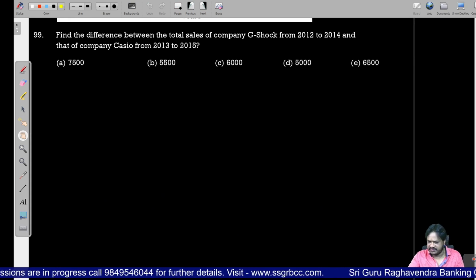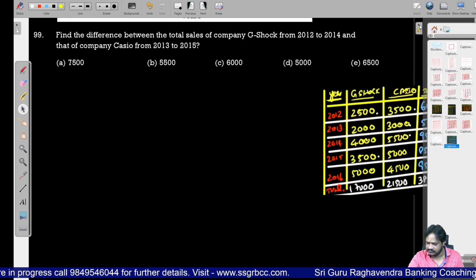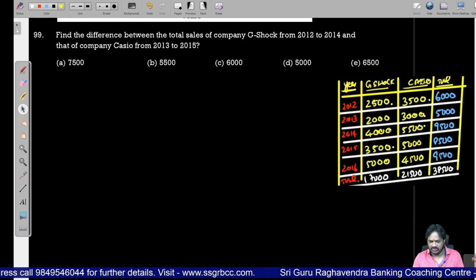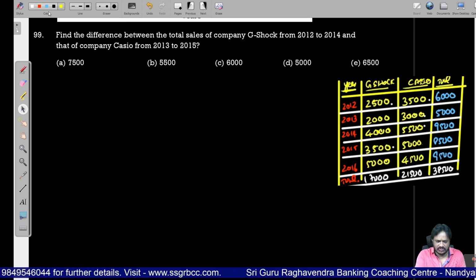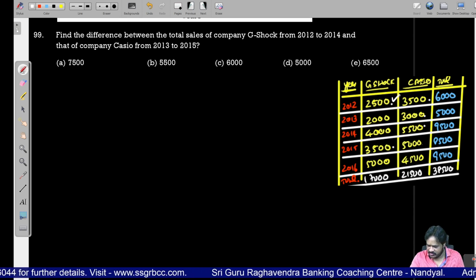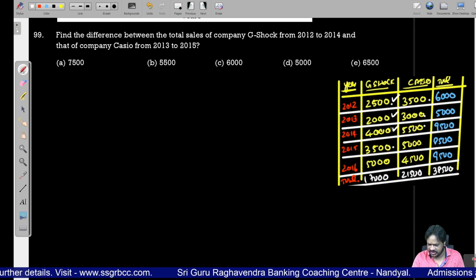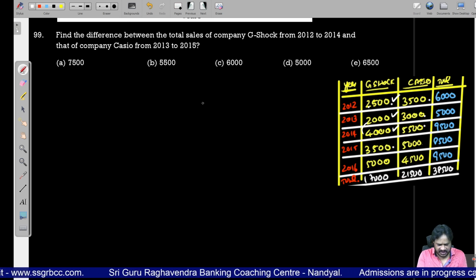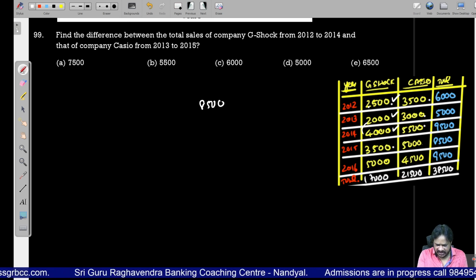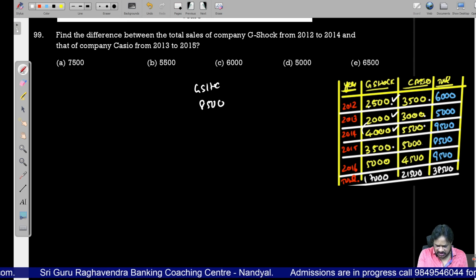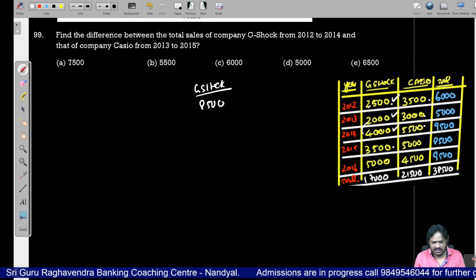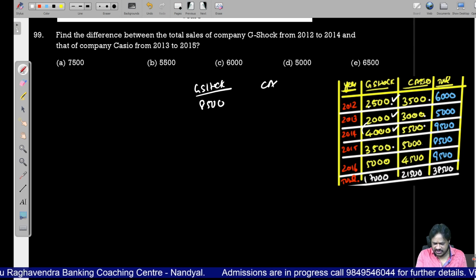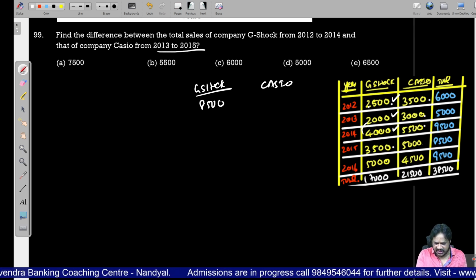Find the difference between the total sales of G-Shock from 12 to 14. So these are the three values. 4 plus 2, 6. 6 plus 2,500, it is 8,500. That is G-Shock. Now, Casio from which year? 13 to 15.